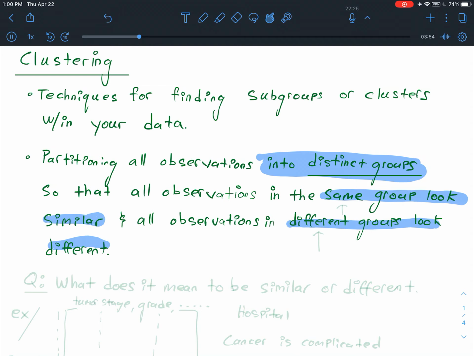This sort of thinking is used quite a lot. And as you can imagine, a couple of glaring questions I've not told you about yet are: what does this word different mean, and what does this word same mean? So I'll leave that as a question here that we're going to get back to. What does it mean to be similar, and what does it mean to be different?